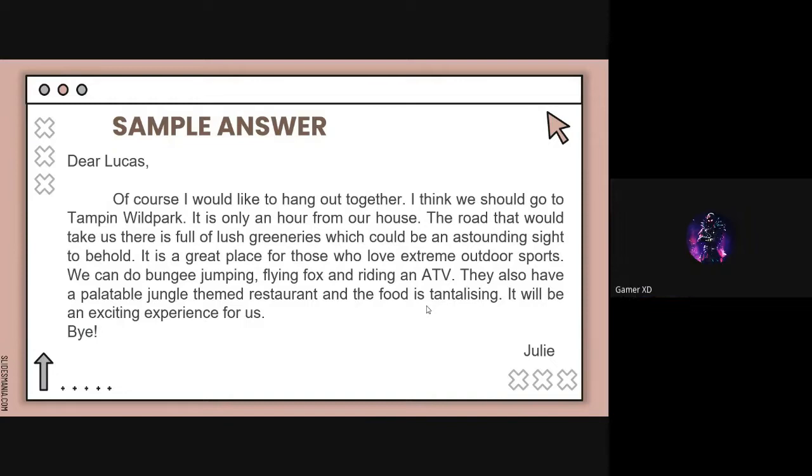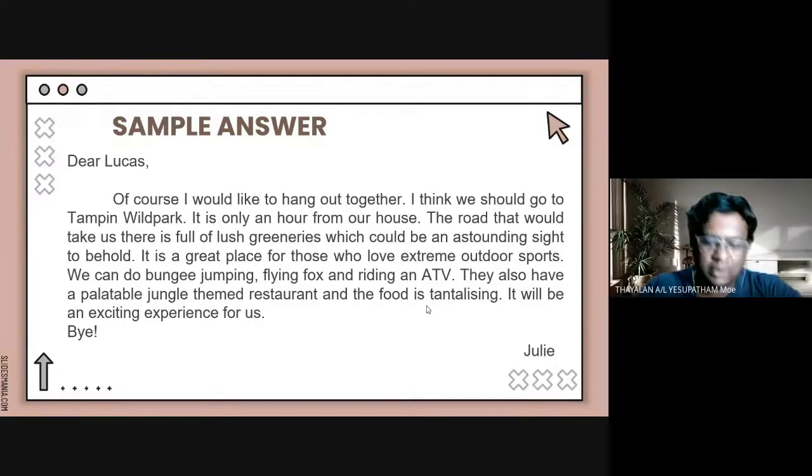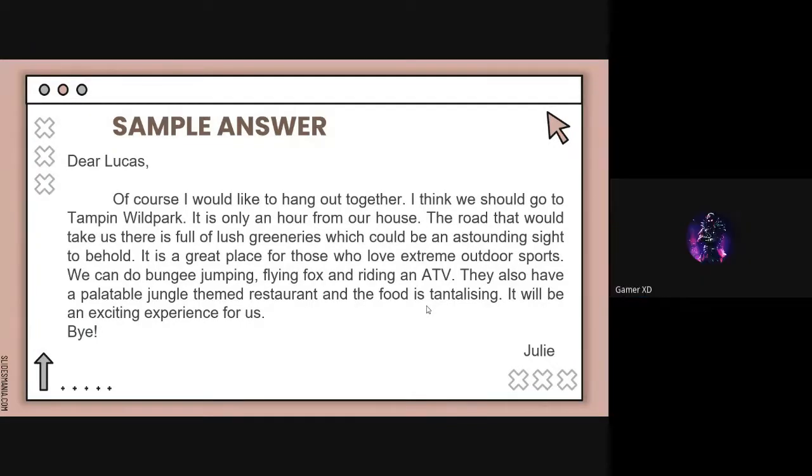My name is Suresh. Dear Lucas, of course I would like to hang out together. I think we should go to Tampin Wild Park. It's only an hour from our house. The road that would take us there is full of lush greeneries, which could be an astounding sight to behold. It is a great place for those who love extreme outdoor sports.